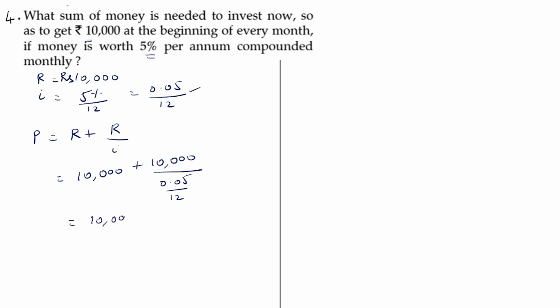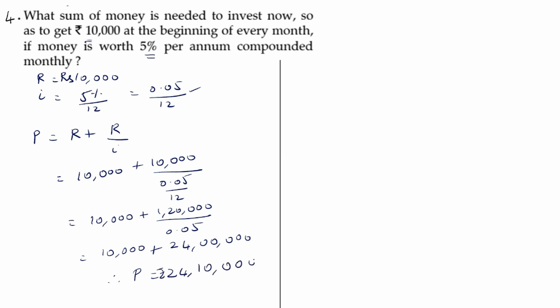So it is 10,000 plus, when we simplify, we get 1,20,000 upon 0.05. Now this is nothing but 24 lakhs. Therefore, P is equal to 24 lakh plus 10,000. So it will be rupees 24 lakh 10,000.